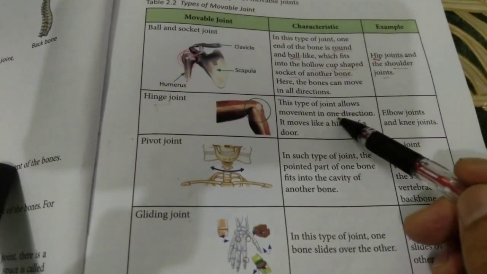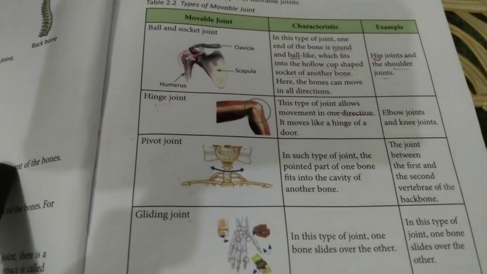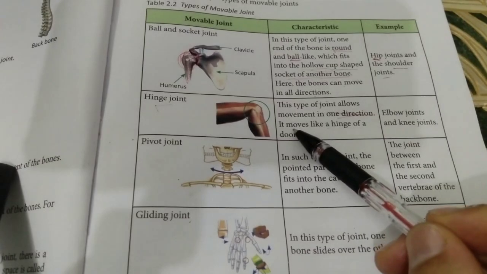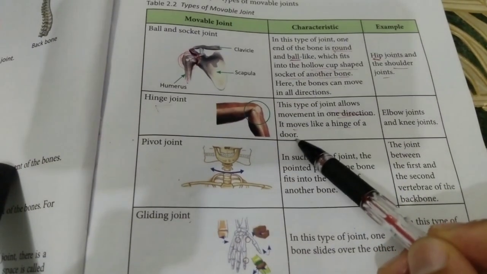The door moves in one direction, opening and closing, because of the hinge. In the same way, the hinge joint allows movement in one direction only. It moves like a hinge of a door.